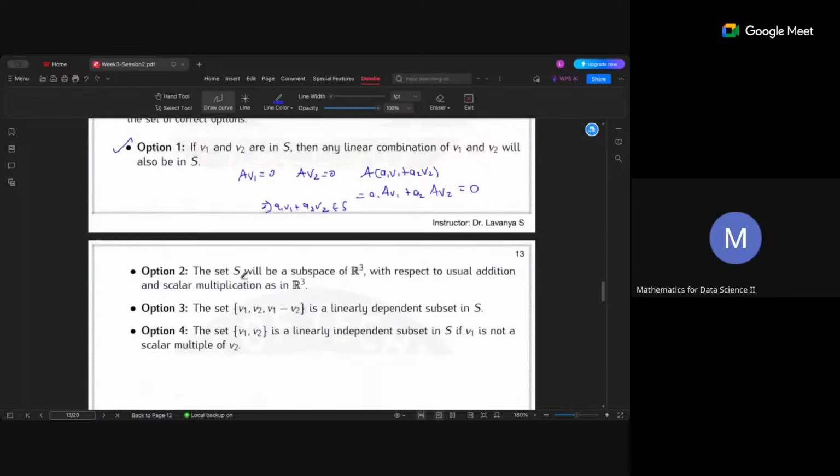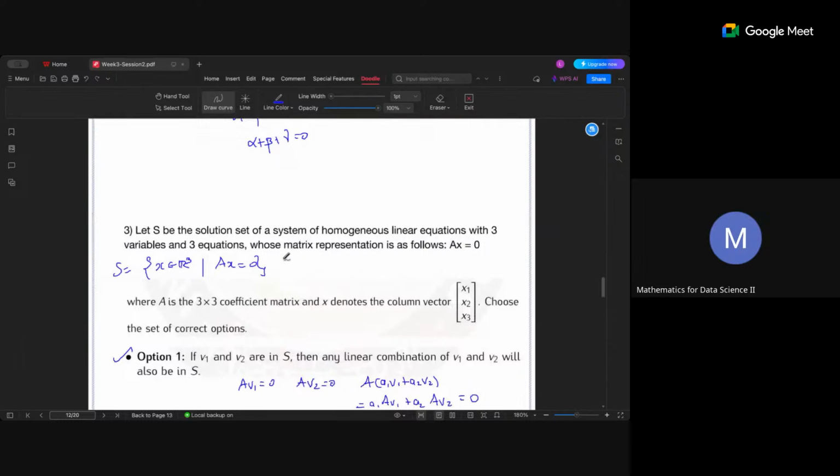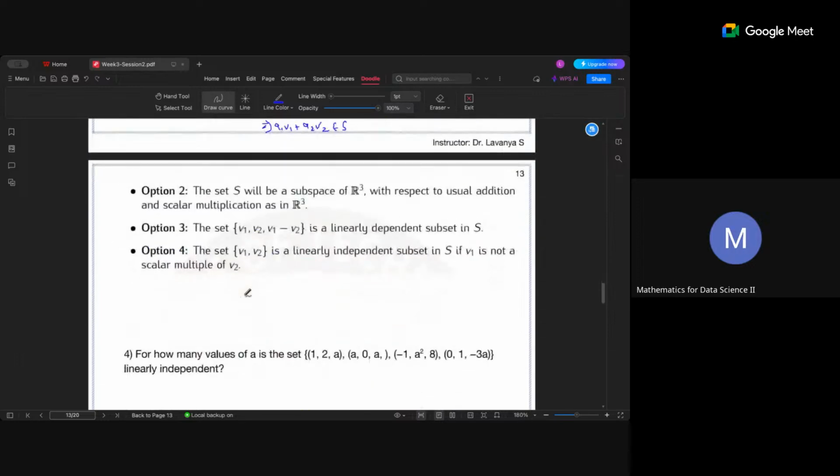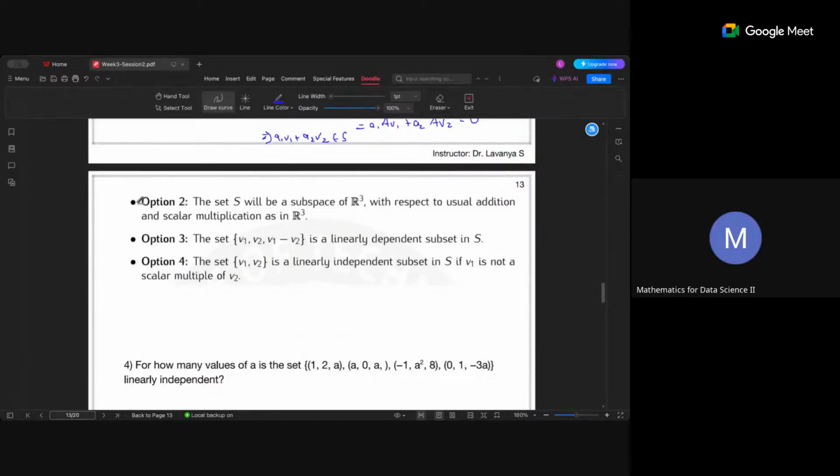What about option 2? The set S will be a subspace of R3 with respect to the usual addition and scalar multiplication as in R3. For a subspace, first of all, it should be a subset of R3. Is it a subset of R3? Yes. Is it closed under vector addition and scalar multiplication? Yes. So it should be a subspace, right? These are the conditions for a subspace.